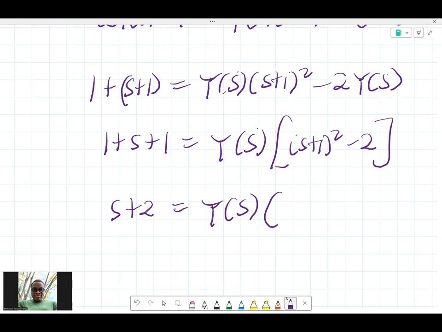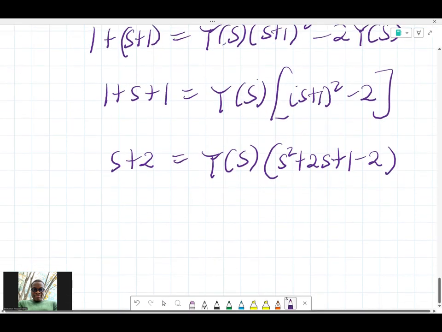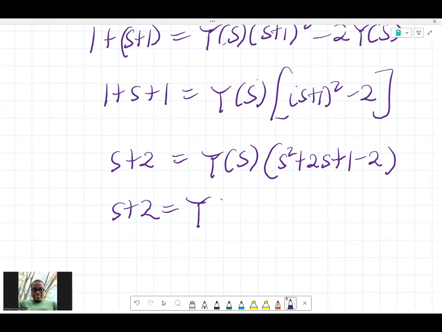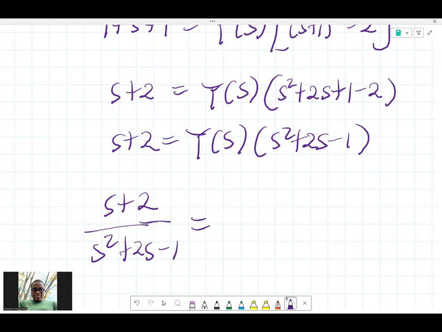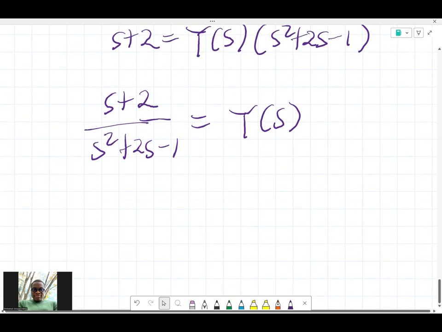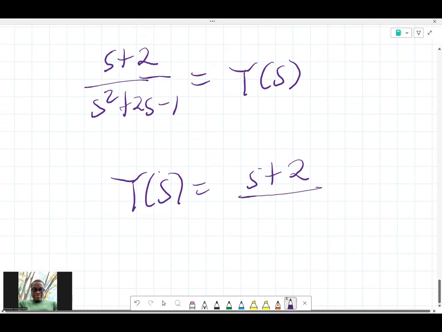So this will be s^2 + 2s + 1 - 2. So s + 2 equals Y(s)(s^2 + 2s - 1), so that we now have Y(s) = (s + 2)/(s^2 + 2s - 1). So now we have Y(s) plainly.